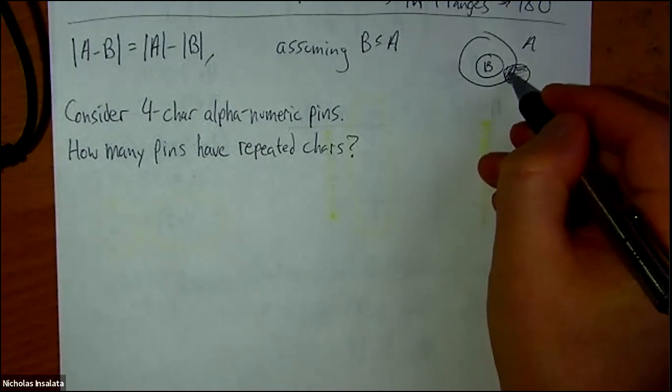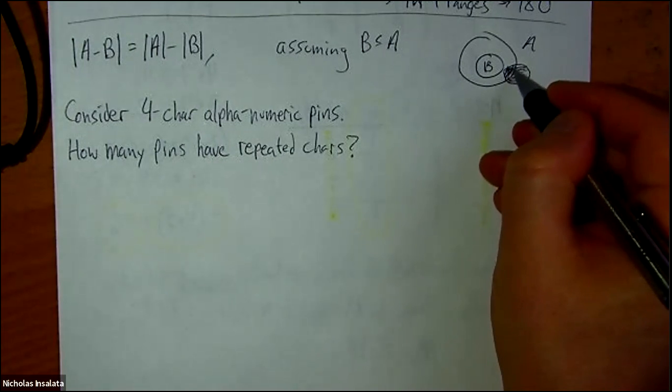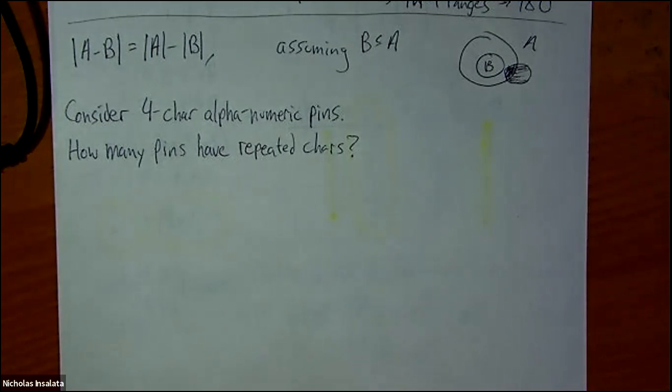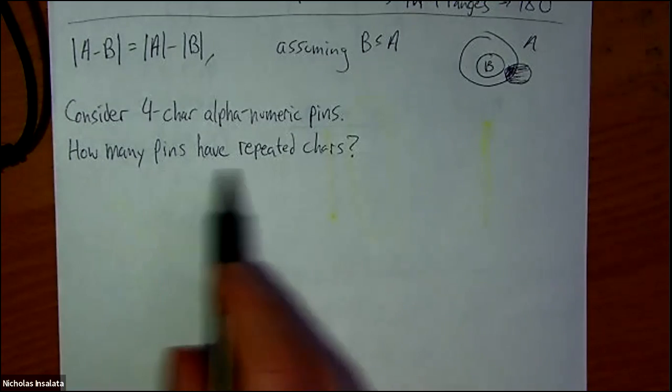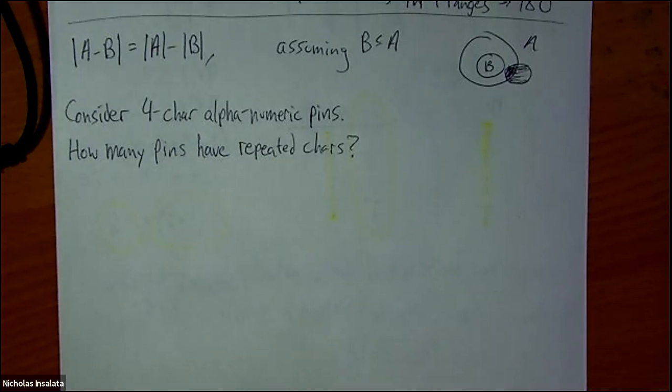This is the intersection part here between A and B. So that's what we would subtract off to get the size of A minus B. Okay, so that makes sense. But let's see if we can use that idea to answer this question, right? How many pins have repeated characters? So what do you guys think?